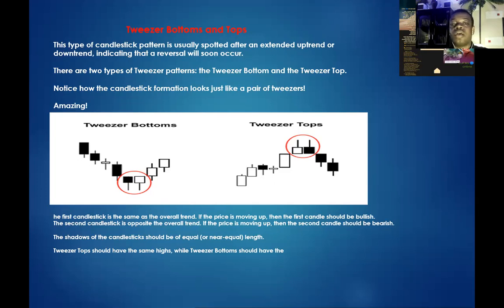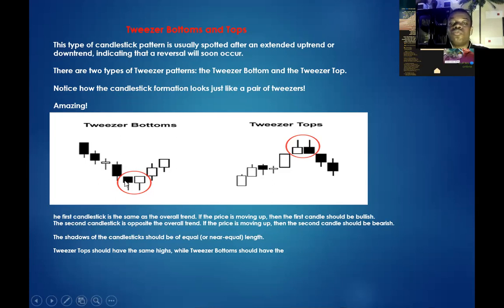Notice how the candle formation looks just like a pair of tweezers. Amazing, right? Now, if you look clearly here, you will see that this is a tweezer bottom. A tweezer bottom appears at the bottom of a downtrend, and when you see it, it indicates that the market is about to reverse.